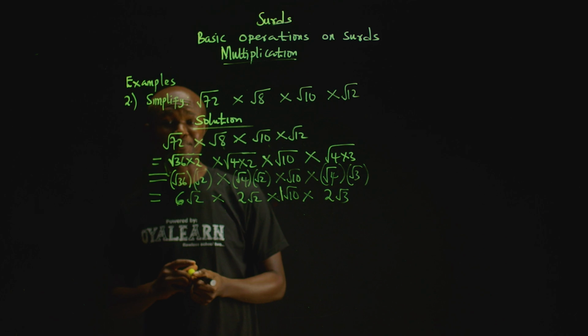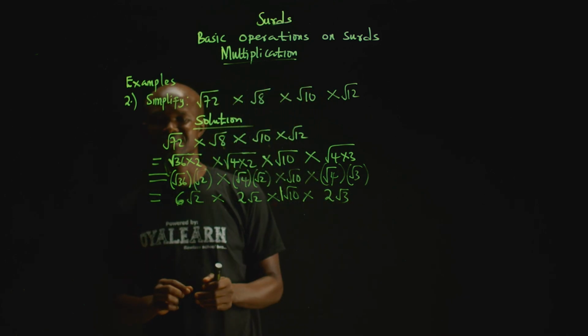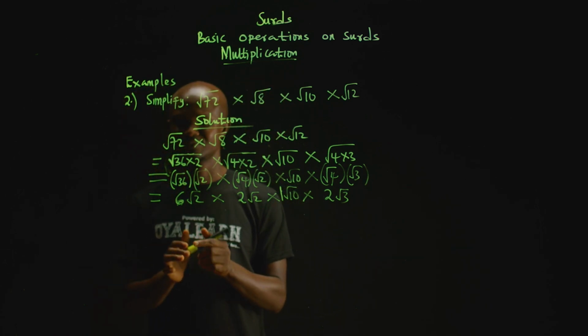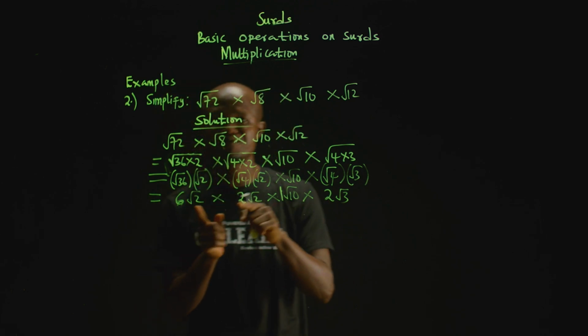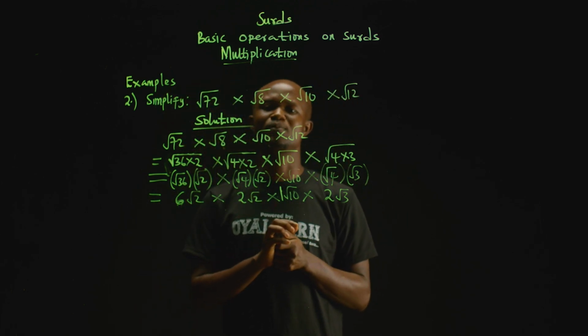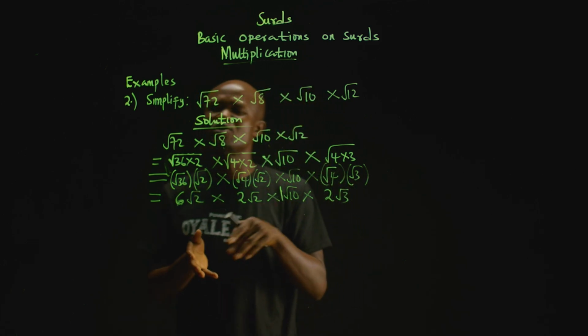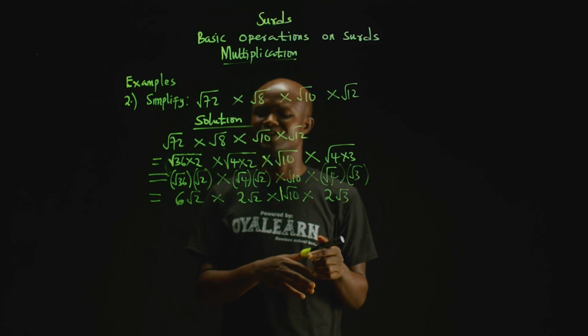And do not forget the principle of multiplying surd forms together. The coefficients of the square root numbers, we multiply equivalent coefficients. Also, the numbers inside the square roots, we multiply equivalent numbers inside the square root. Take note of that.